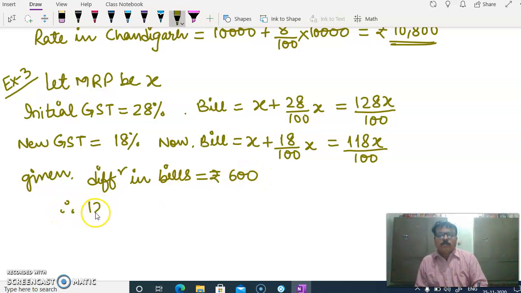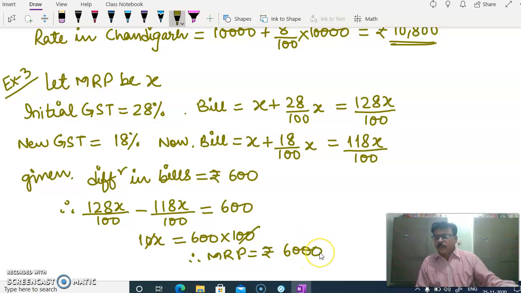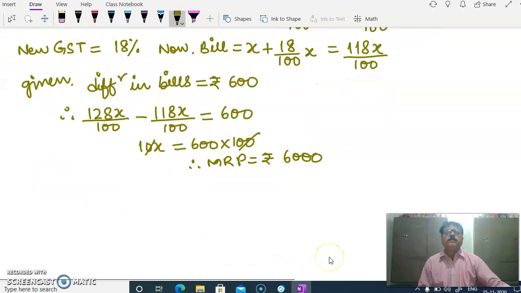Therefore, 128x upon 100 minus 118x upon 100 is equal to 600. So 10x upon 100 is equal to 600, and solving for x, the MRP will be rupees 6,000. I hope this is clear to all of you.